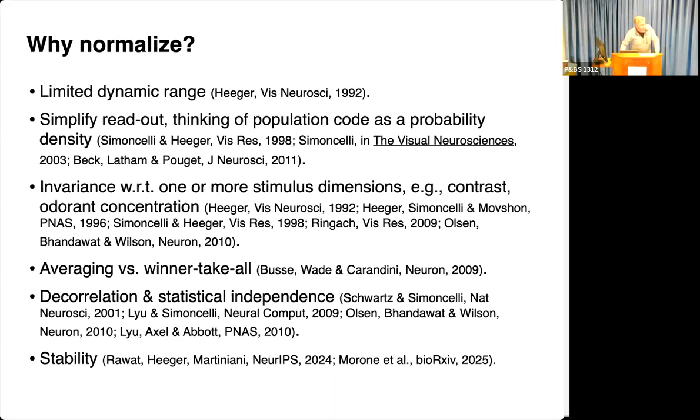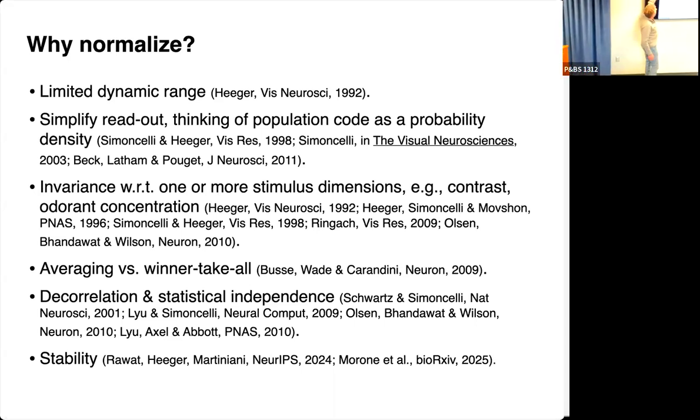So why bother with this? Well, that I already said. Limited dynamic range. You don't just want to saturate because that throws away the information. Instead, you want to gain control. And that's what this does. There are a bunch of other ideas. Here's the most recent idea. In terms of the dynamics, this stabilizes the circuit.